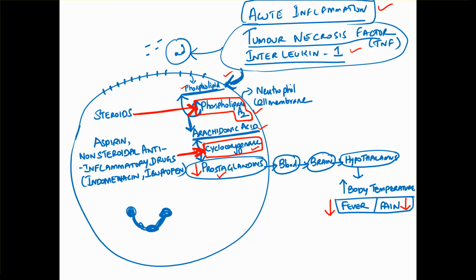Then they go to the blood, then to the brain, and they reach the hypothalamus, and they increase the body temperature, resulting in fever and pain. So if you want to reduce the fever and pain, you can give steroids which block phospholipase A2, or you can give aspirin or non-steroidal anti-inflammatory drugs like indomethacin and ibuprofen that block the cyclooxygenase, and that reduces the prostaglandin. Automatically the pain and fever are reduced.